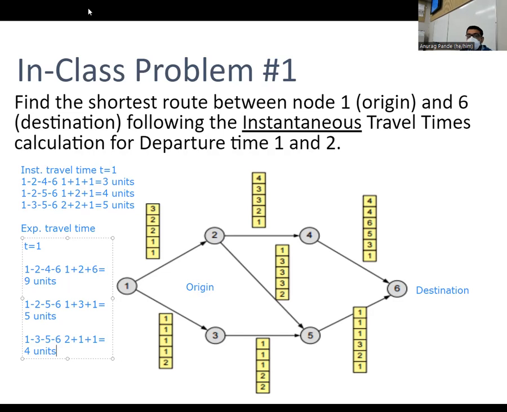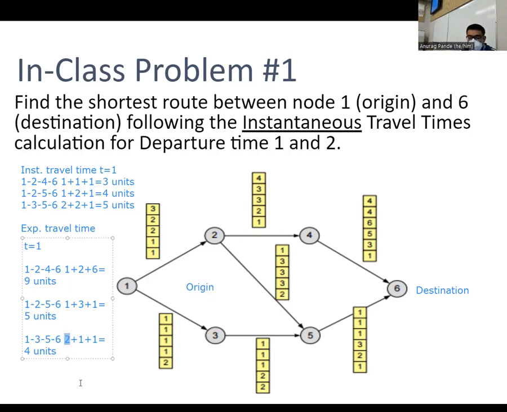Yes, I see a hand raised. Yes, please go ahead. Is it not from 1 to 3, is that 1 minute or is it 2? From 1 to 3, it's 2 units, right?